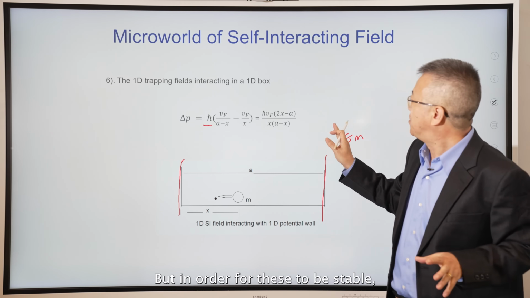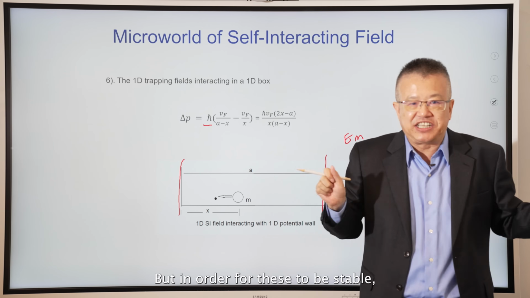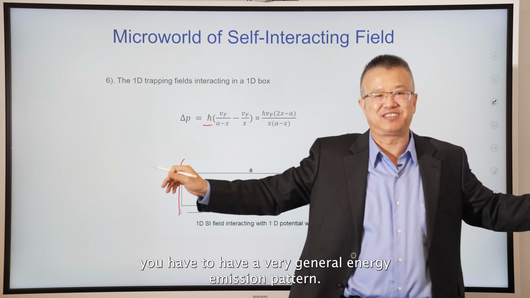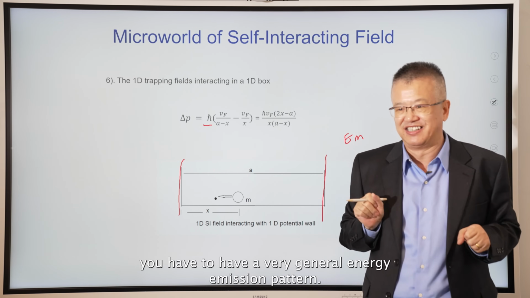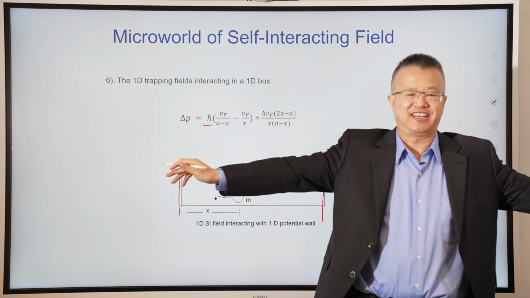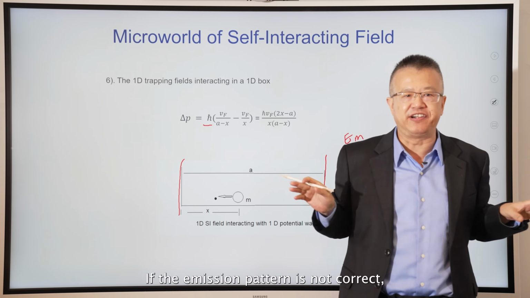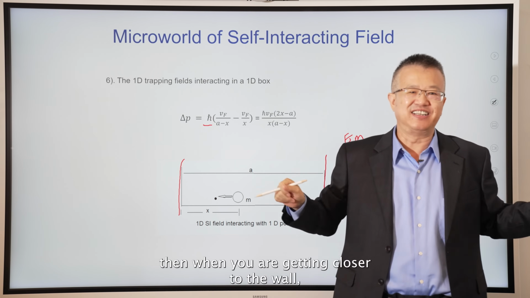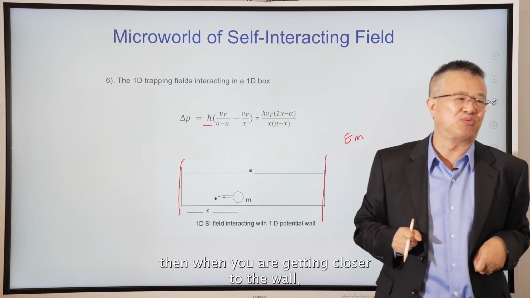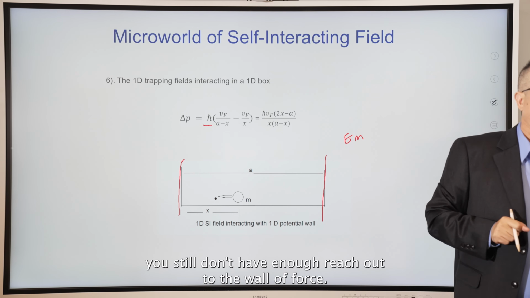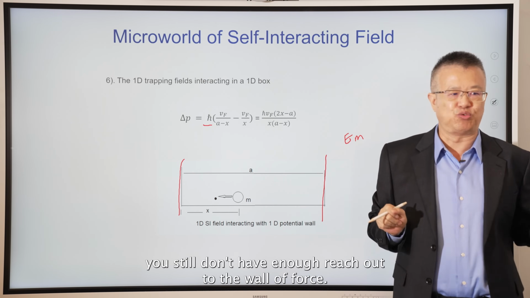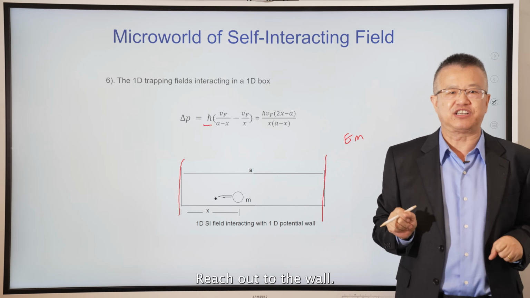But in order for this to be stable, you have to have a very general energy emission pattern. If the emission pattern is not correct, then when you get closer to the wall, you still don't have enough force reaching out to the wall.